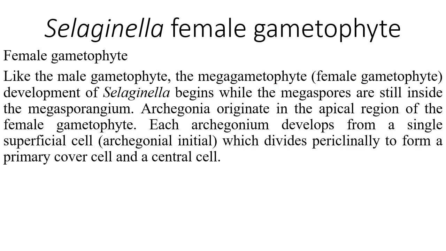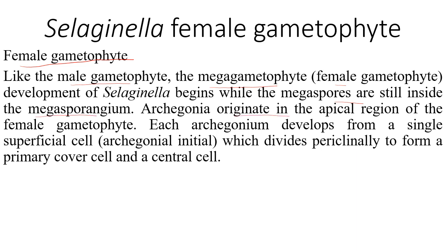Now we will have a look over female gametophyte. Like male gametophyte, the megagametophyte, that is female gametophyte, development of Selaginella begins while the megaspores are still inside the megasporangium.